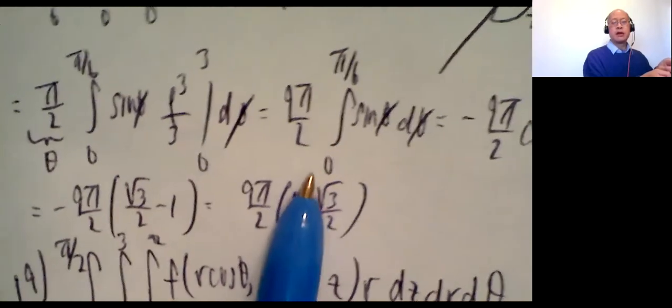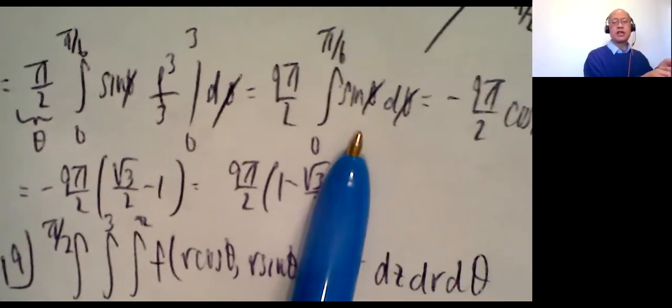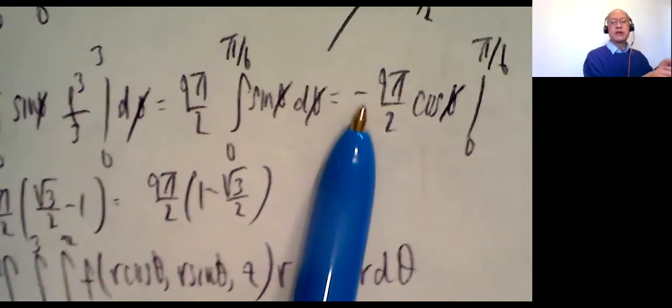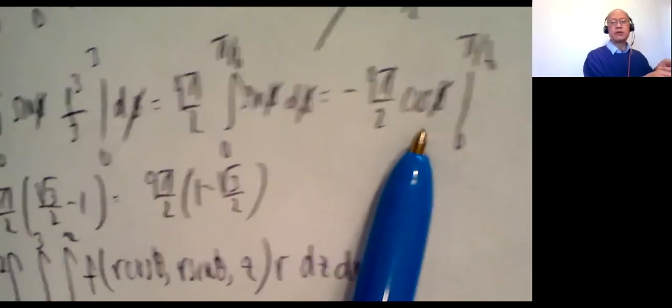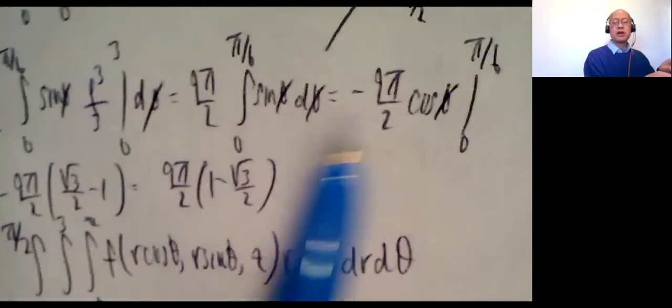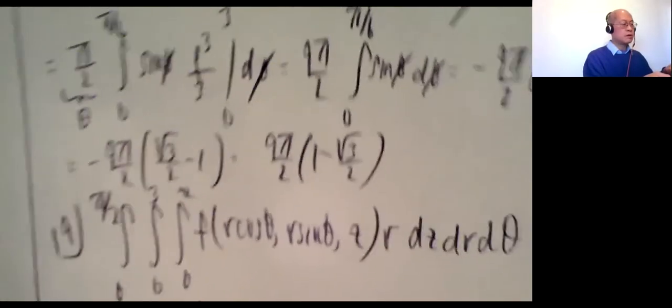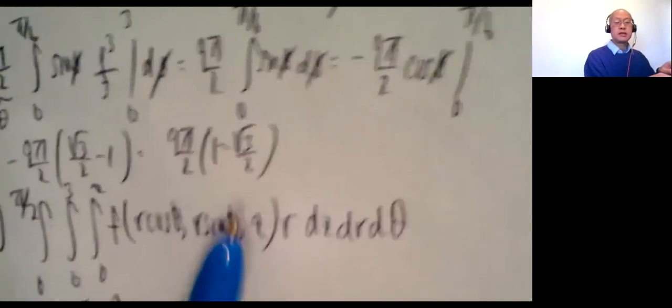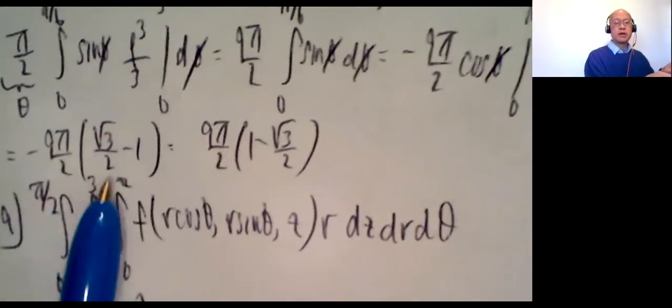And I'm integrating from 0 to pi over 6 of sine phi d phi. That's pretty easy. The integral of sine is negative cosine. So negative 9 pi over 2 cosine phi from 0 to pi over 6. Cosine of pi over 6, cosine of 30 degrees, is radical 3 over 2. And let's see, cosine of 0 is 1.